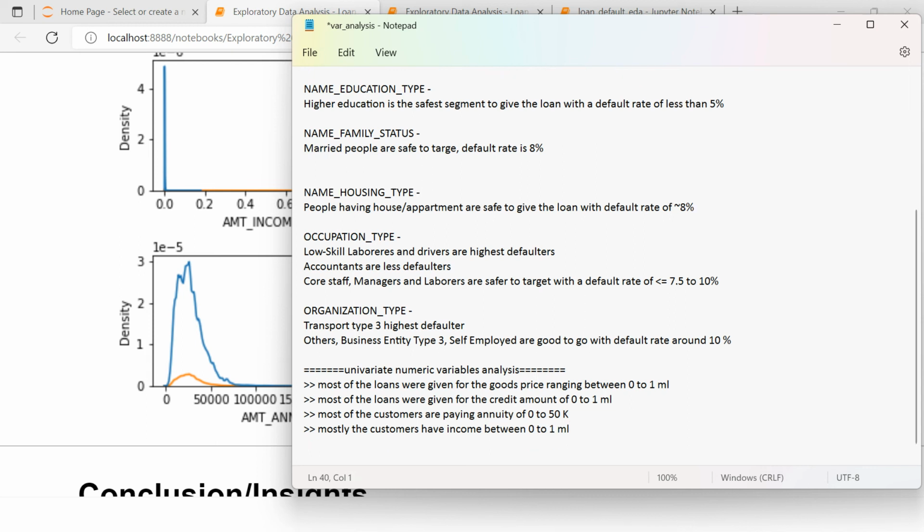All right, so mostly the customers are falling under low income.